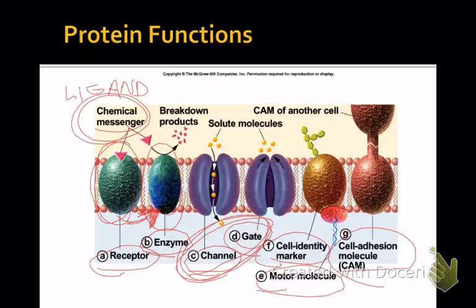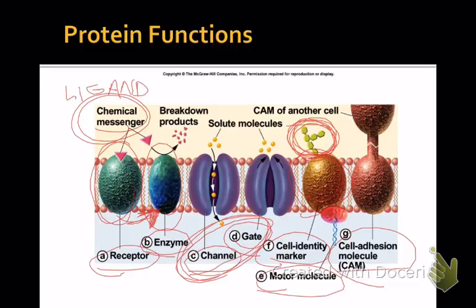What do you think a cell identity marker does? And what about that thing that's attached to it? That's that carbohydrate. One of the jobs of the carbohydrate is to provide a molecular identity for the cell. You've heard of blood types, right? Blood type A, B, O, or whatever.